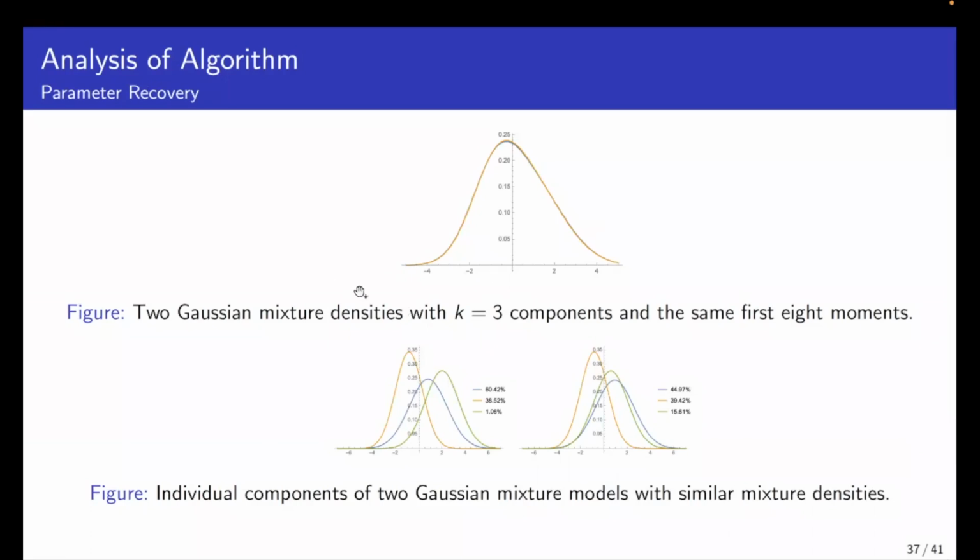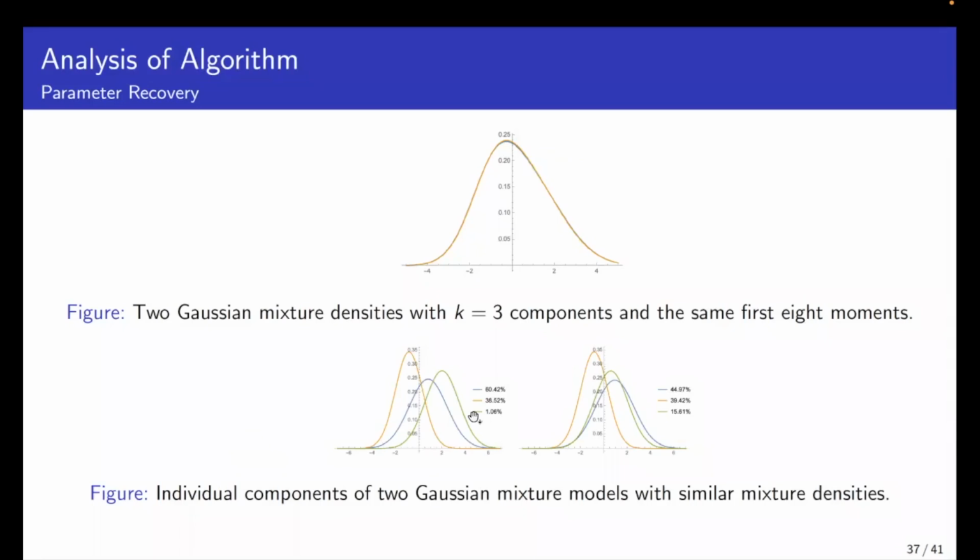So up top here, I have the mixture of two Gaussian densities with 3 components. Now, for the purposes of density estimation, either one of these densities would be completely fine, right? They're pretty much indistinguishable, except maybe a little bit at the top here. But if we break apart the individual components, the individual parameters of each density, we can see that they're very different.